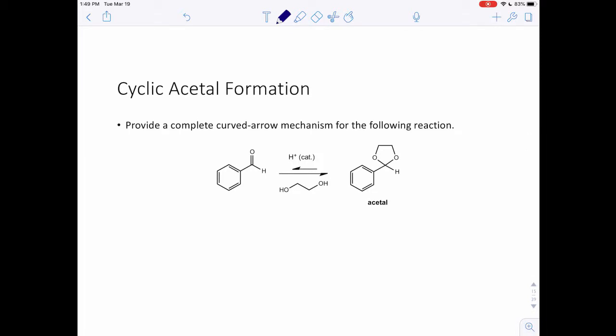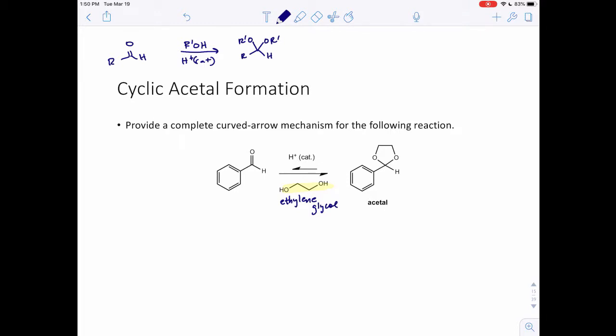All right, so in the previous example, we had an aldehyde. We treated it with some alcohol under acidic conditions, and we generated the acetal. Now, one little twist on this is that if you treat it with a diol, and this specific diol is an old friend of yours, that's ethylene glycol.